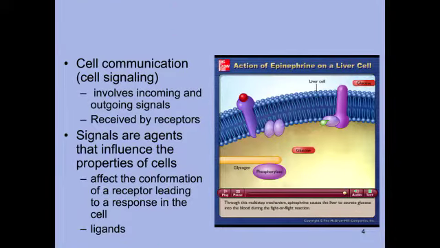So cell communication, sometimes referred to as cell signaling, involves the incoming and outgoing of different types of signals. These signals are always received by some type of receptor. The signals themselves are what influence different properties of cells. So they can cause a cell to change its conformation. They can cause a cell to begin excreting a new compound or making a new protein.